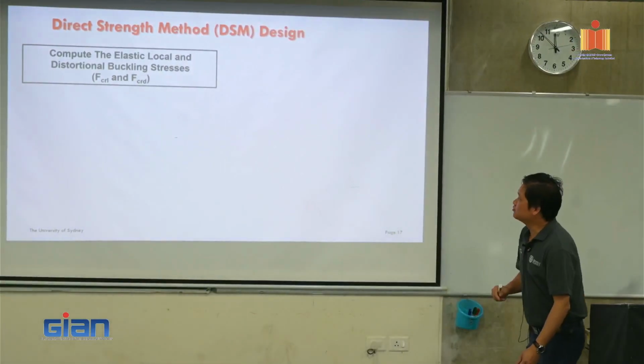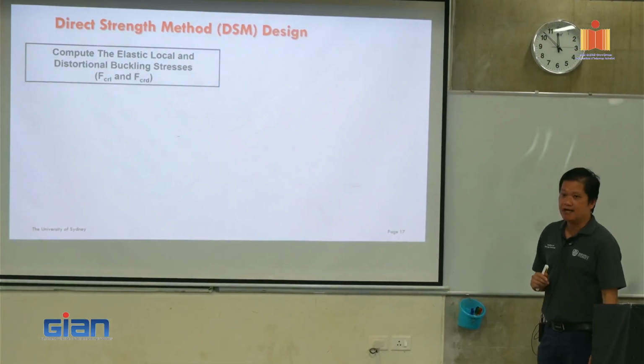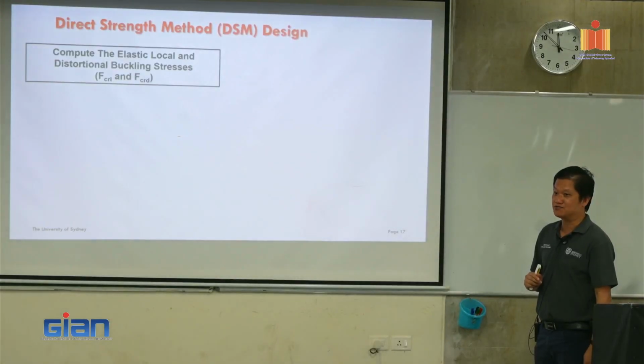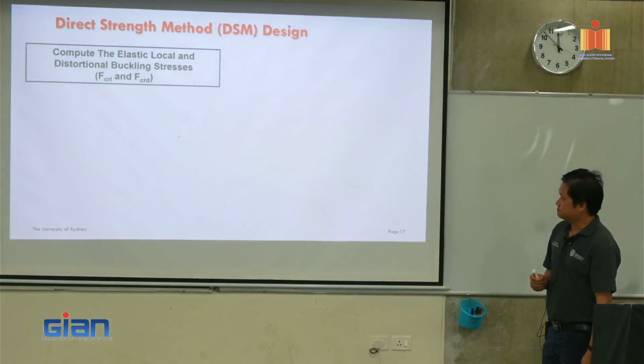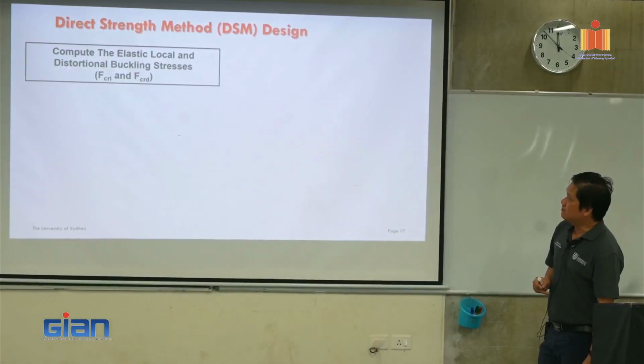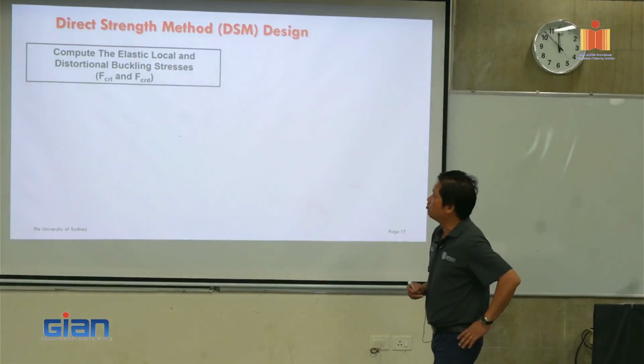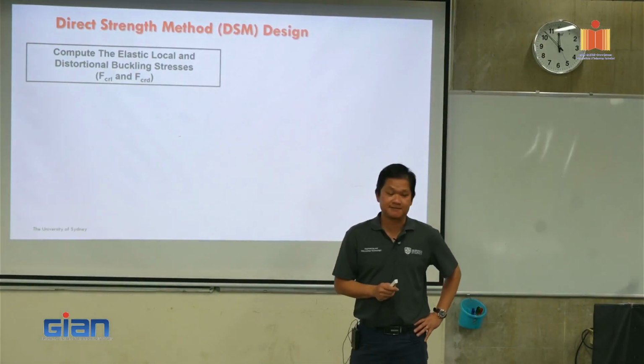Right, so now we go through the procedure, step by step, how to use the direct strength method. First, you compute the elastic local buckling and distortional buckling stresses.